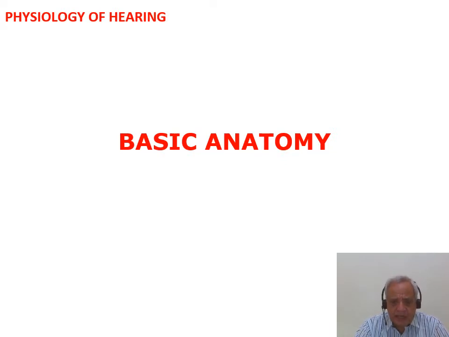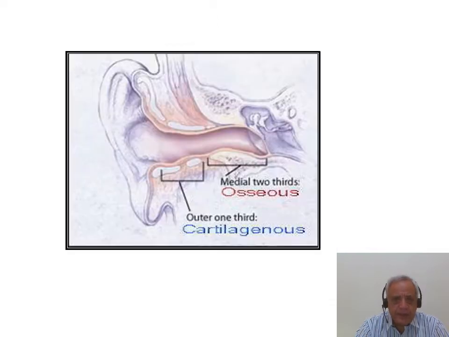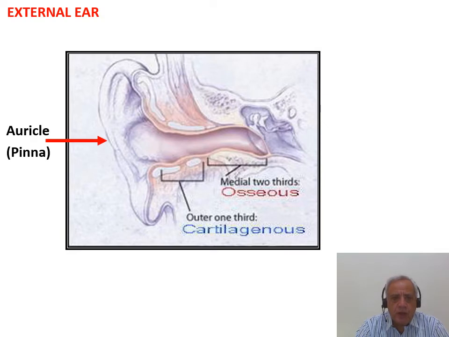Going to the basic anatomy of the ear. The ear, as you know, is three parts: the external ear, the middle ear cleft, and the inner ear. The external ear constitutes mainly of the auricle or the pinna. What is outside is called the auricle or the pinna.